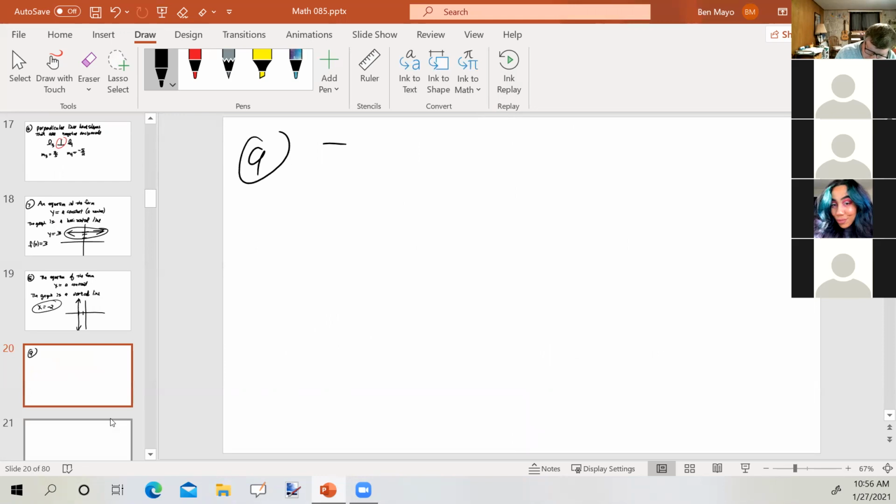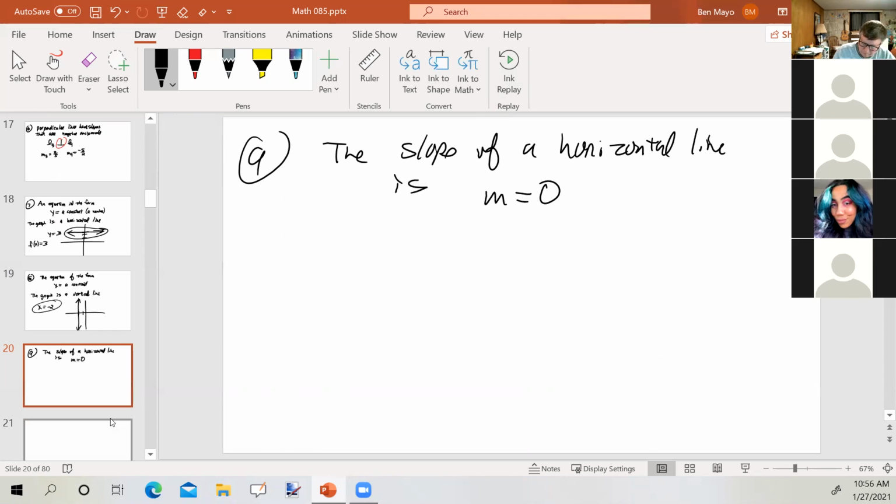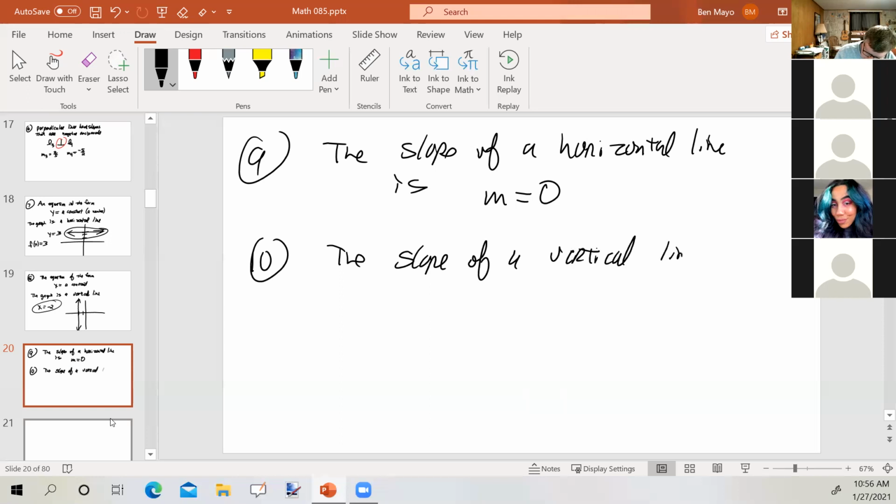Now, number 9, the slope of a horizontal line is 0. Okay, and 10, the slope of a vertical line is undefined.